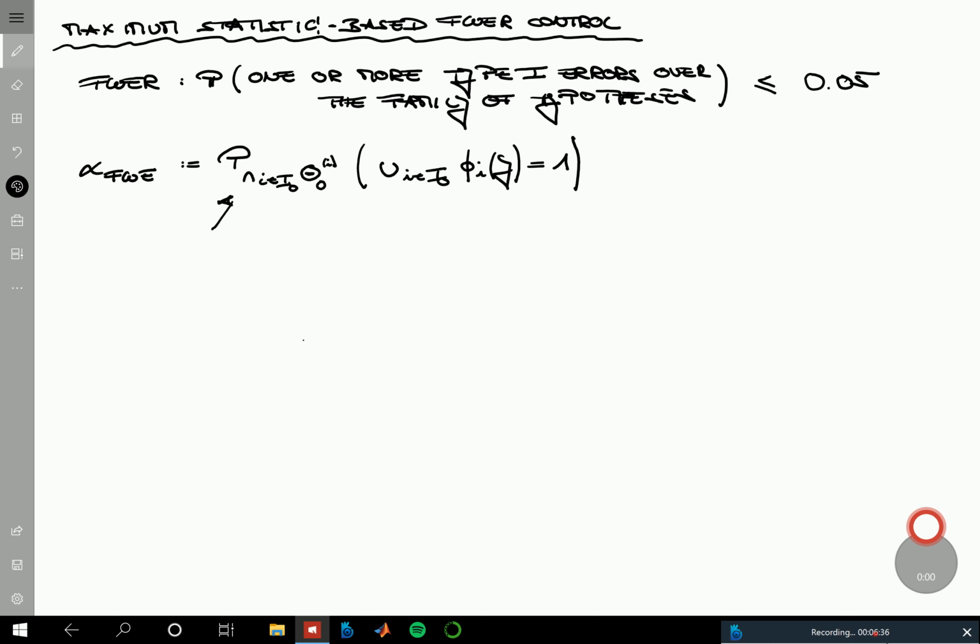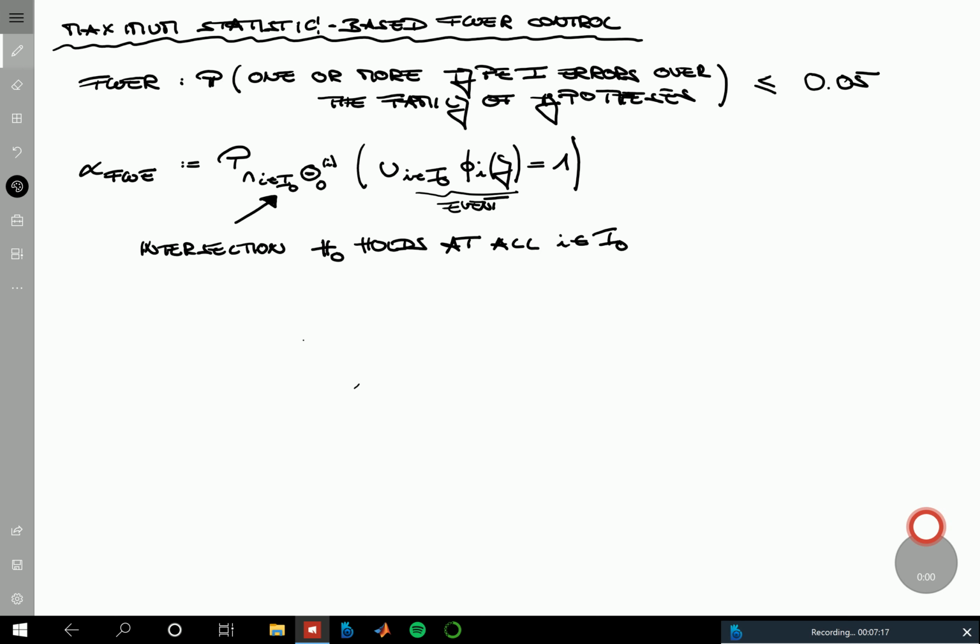So this intersection should mean the null hypothesis holds at all i in I0. So that's what this statement here says. So you look at the probability for this event. So this is an event, of course, which we will discuss in a second.